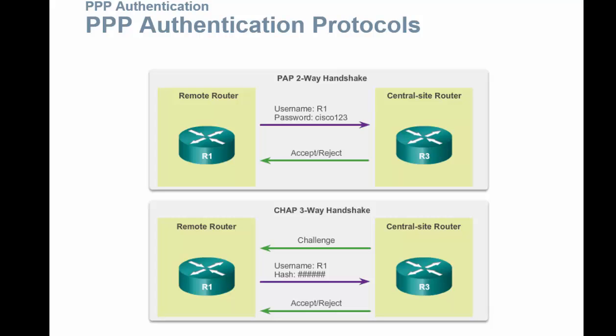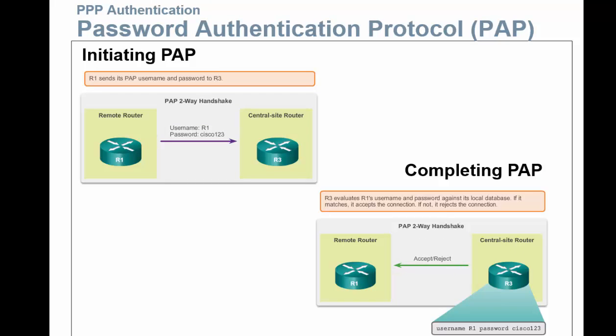The authentication options require that the calling side of the link enter authentication information, and this helps to ensure that the user has the permission of the network administrator to make the call. Peer routers exchange authentication messages. One of the many features of PPP is that it performs our layer 2 authentication.